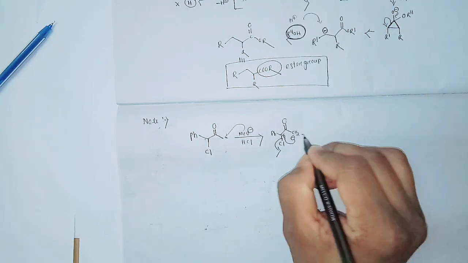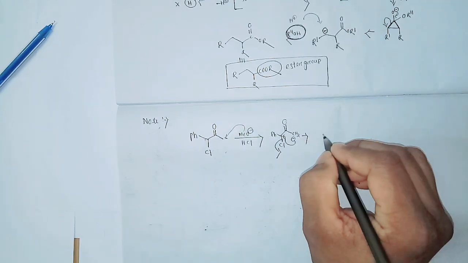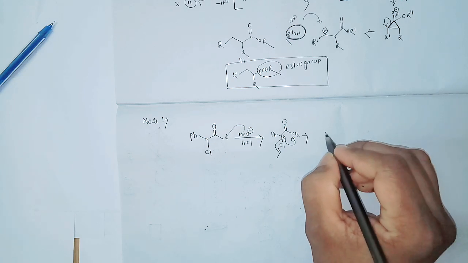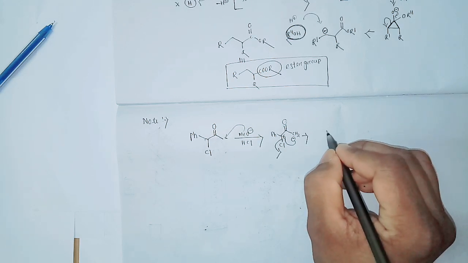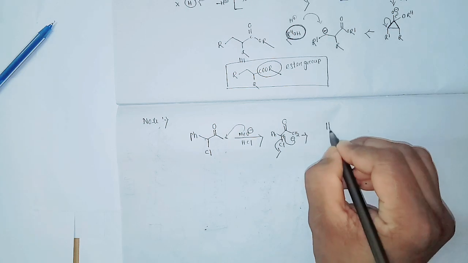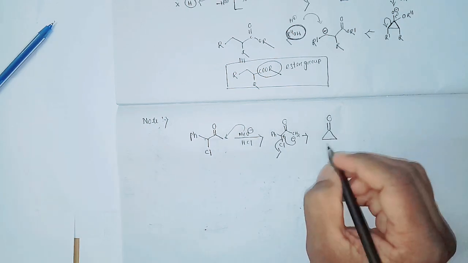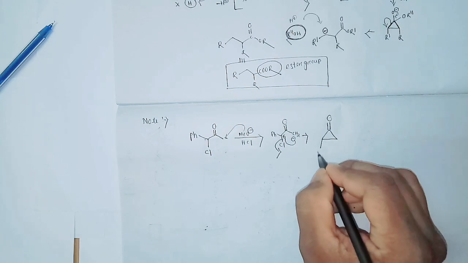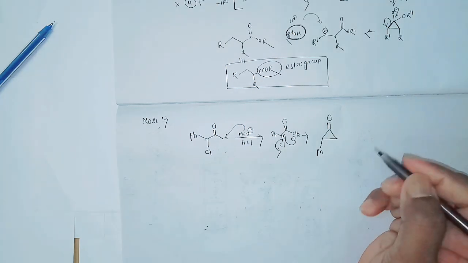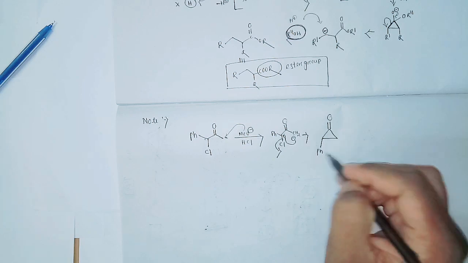So then we get a cyclopropane ring, and this is the phenyl group. Okay friends, this is the product.